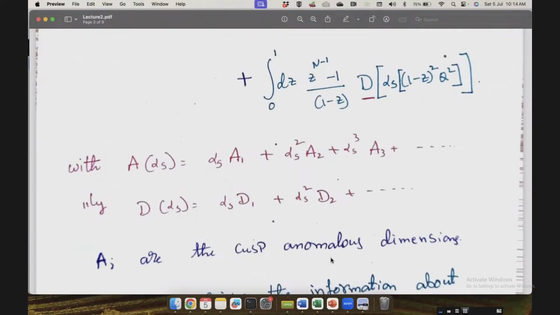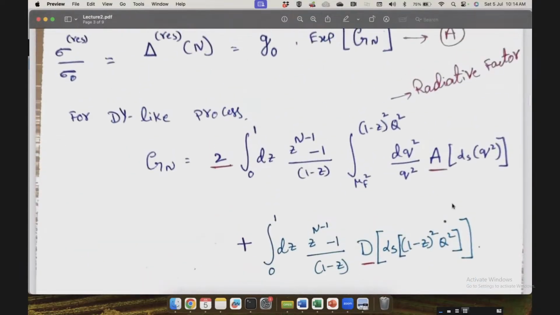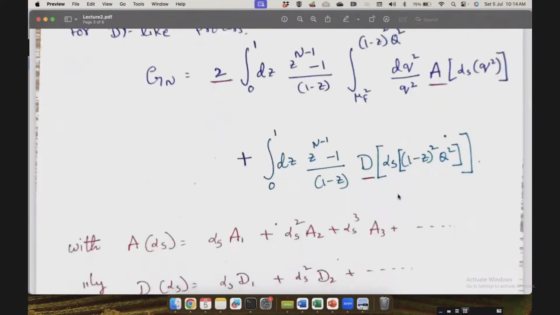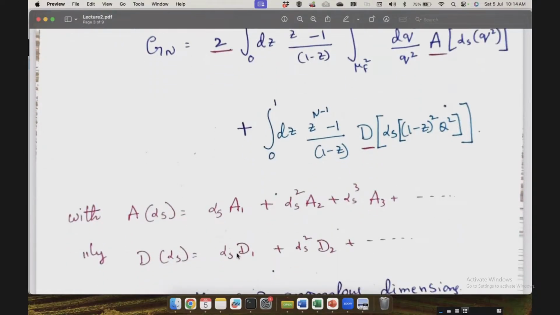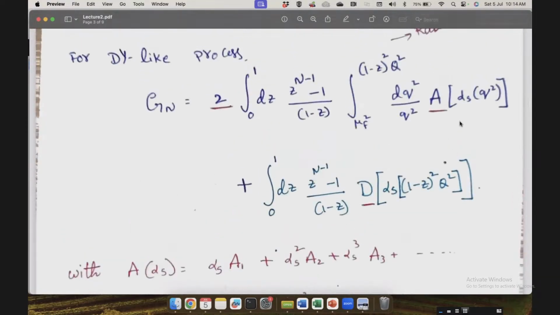Technically, they are connected to the cusp anomalous dimensions. The whole idea is that you take the Mellin transformation of these things and then you calculate what is the Gn. Assuming you don't know what A1, A2, A3 are, and similarly you assume you don't know the quantities D1, D2, etc., you put them naively in this expression and make the Mellin transformation.